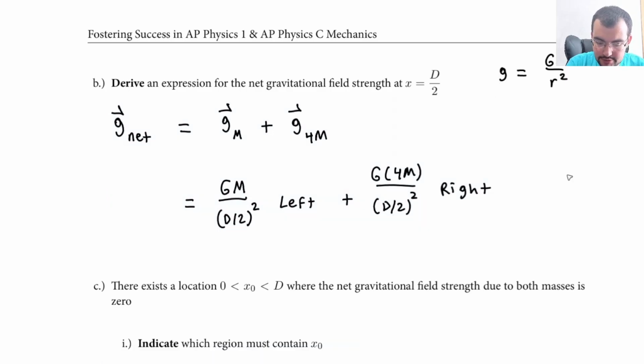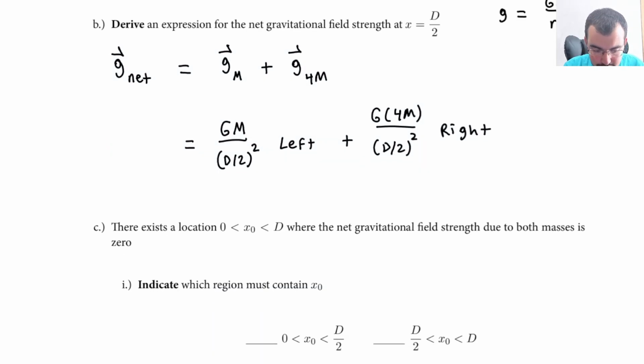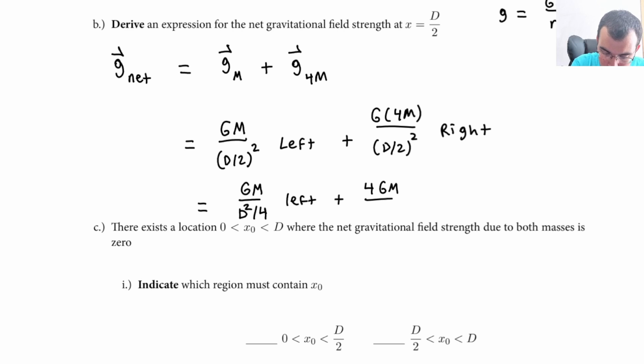So now we got to do some algebra here. Be very careful when doing inverse square law stuff. Make sure you're squaring everything in the denominator. So if I square the entire denominator, I get d squared over 4. So just be careful of that.